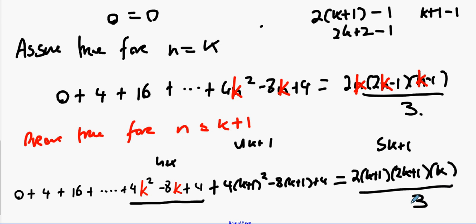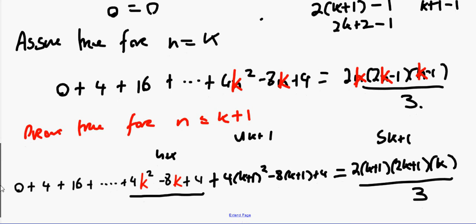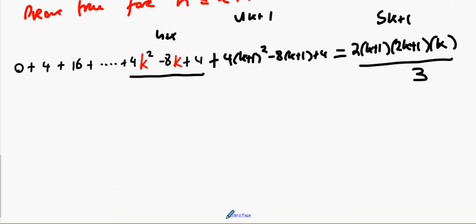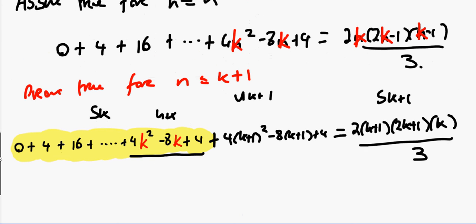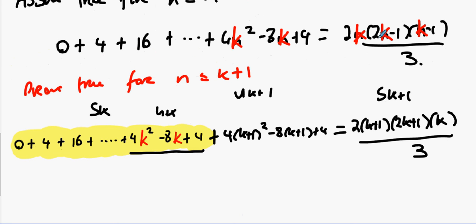Now, what we assumed in the last question in part 2, we assumed that all of this was the same as sk. So all this part is sk, and sk is this formula here. So we can replace the yellow part with this.